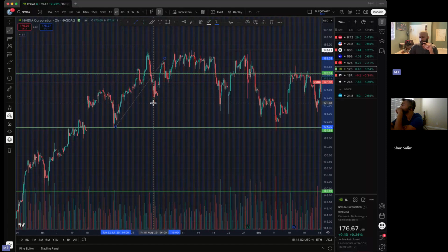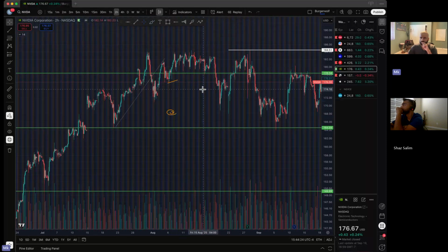Now it made a lower low, and then it made a lower high, but it still made a higher high, higher low here. So it's telling me that it's still bullish because this low did not come over here. Had it come over here, I would have flipped bearish. But this still tells me that it's in a bullish trend pattern. You know what I mean?